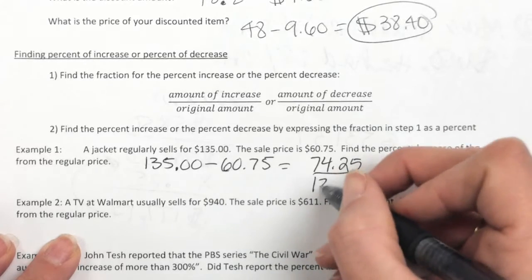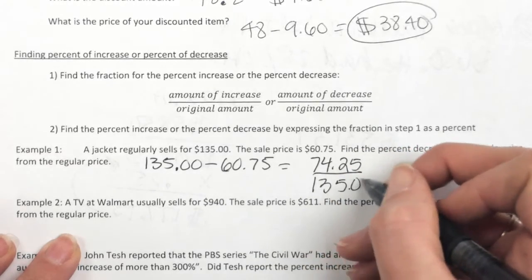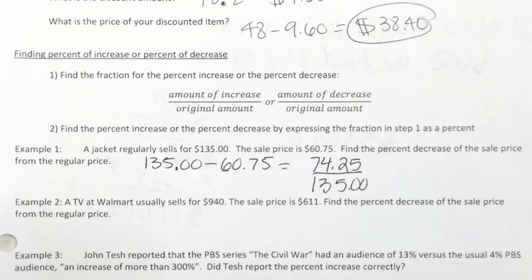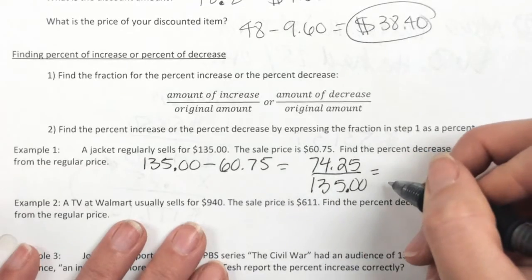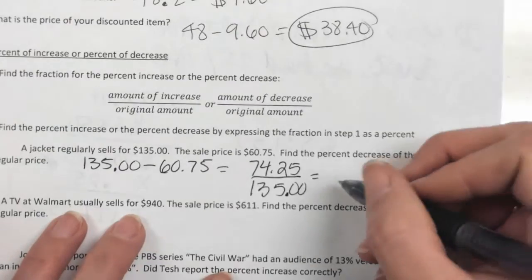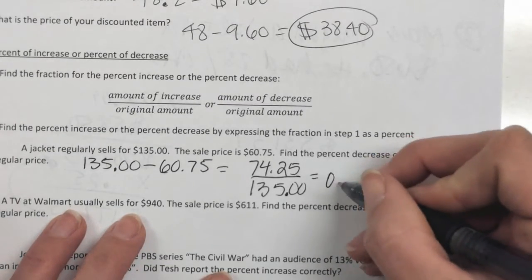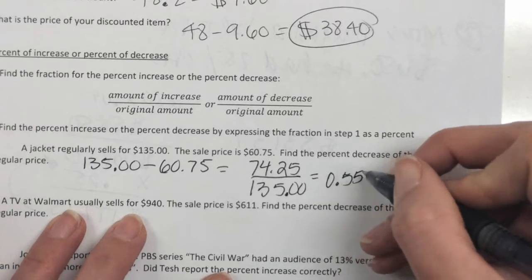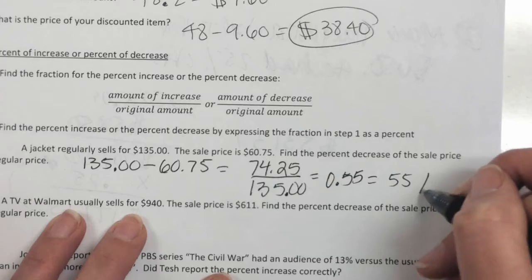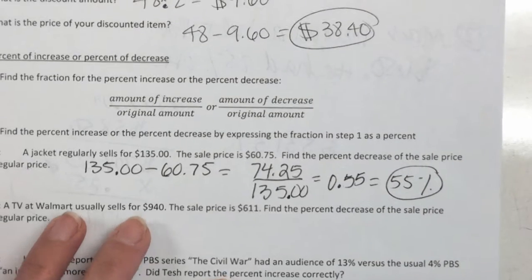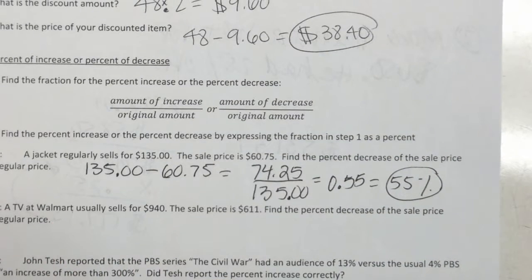So you divide by 135. And that's going to be what? Somebody help him out. 0.55. Good. How do we change that to a percent? Times by 100. Good. So it's 55% off. That's a good sale.